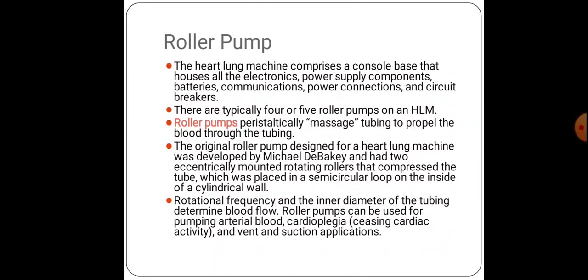The rotational frequency and the inner diameter of the tubing determine the blood flow, meaning how much blood will flow. The roller pump is mainly used for pumping atrial blood.